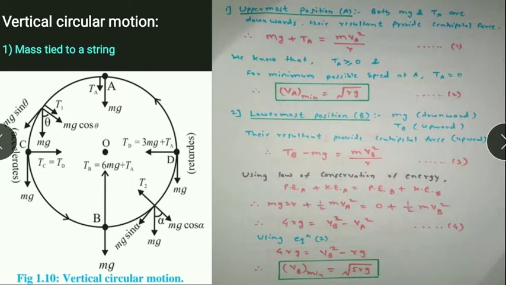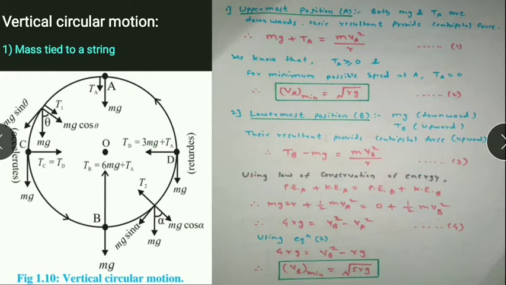We know that Ta should be greater than or equal to 0, and for minimum possible speed at A, Ta is equal to 0. Put value of Ta in equation number 1. So mg is equal to m Va square upon r. m gets cancelled, so we get Va minimum is equal to square root of Rg. Call it equation number 2.